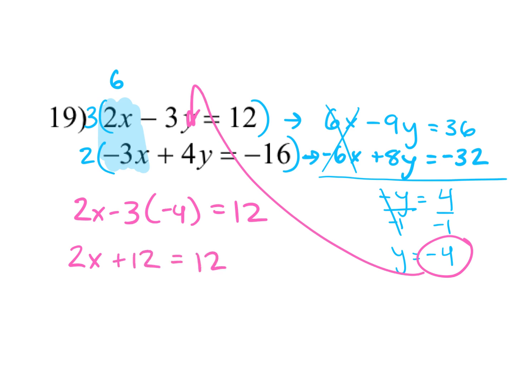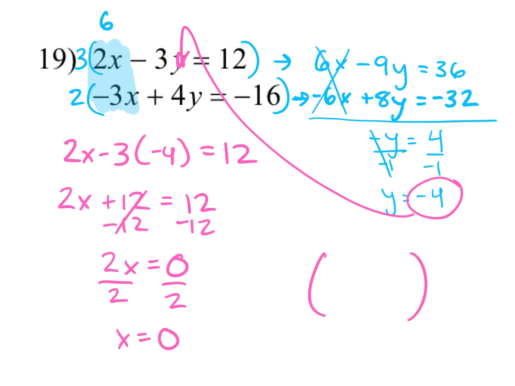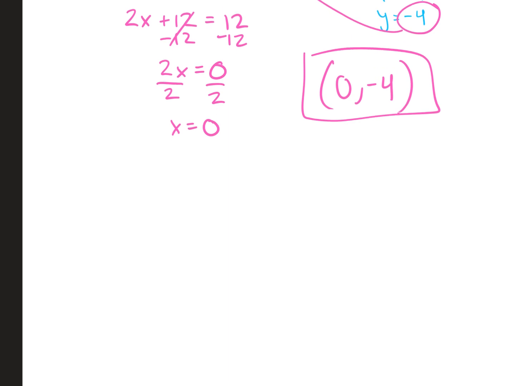What would we do next? Subtract 12. So 2x is equal to 0. Then what? Divide by 2. So what does x equal? 0. So how would we write our answer? 0, negative 4.